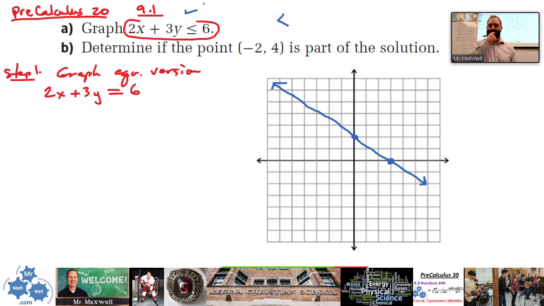Okay, so this line is part of the inequality. Now what I need to do is figure out which side of the boundary to shade. And again, we're talking about all of the points that satisfy the inequality. So it's either going to be all of the points above or to the right of the line, however you want to think about that, or it's going to be all the points to the left or underneath the line.